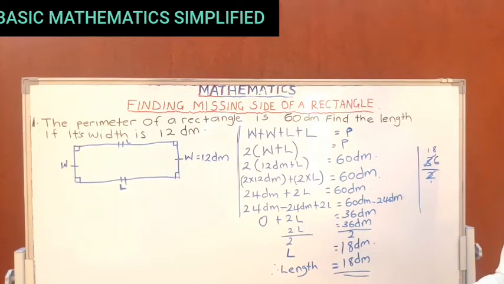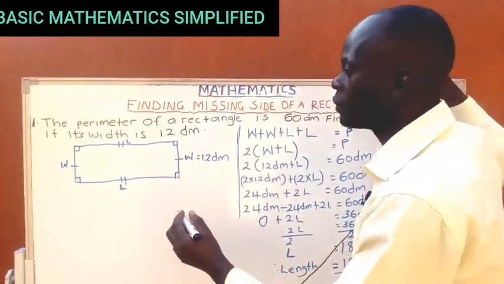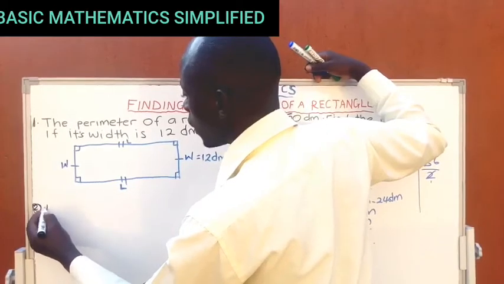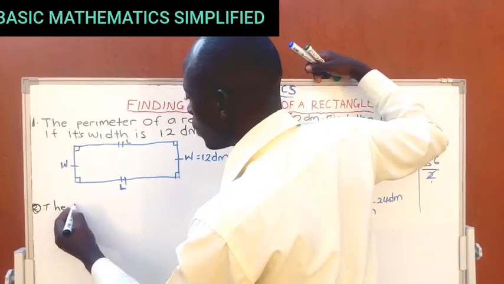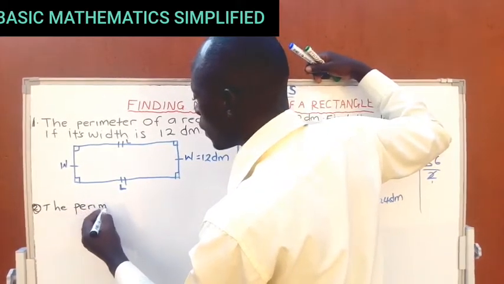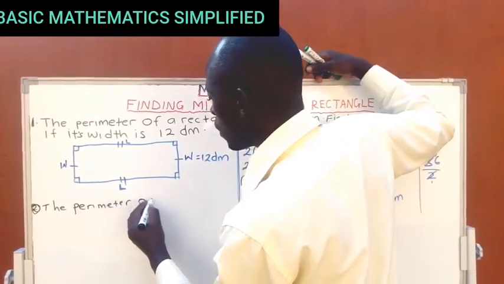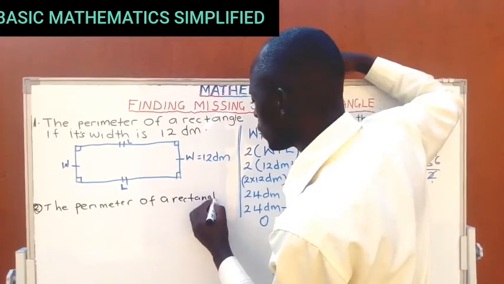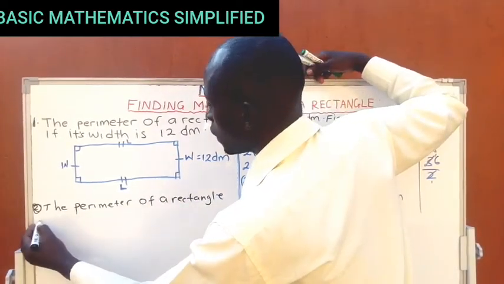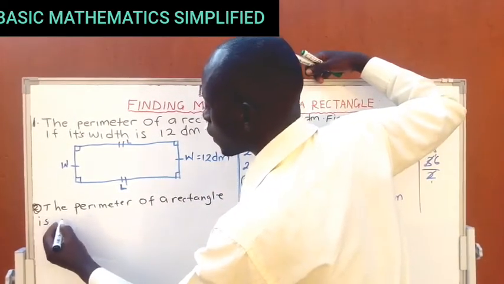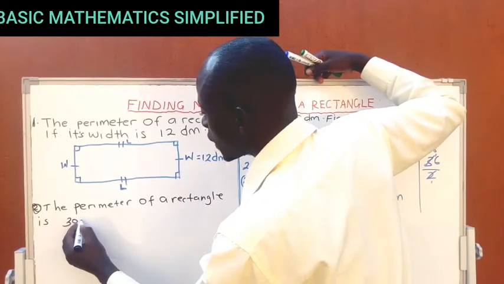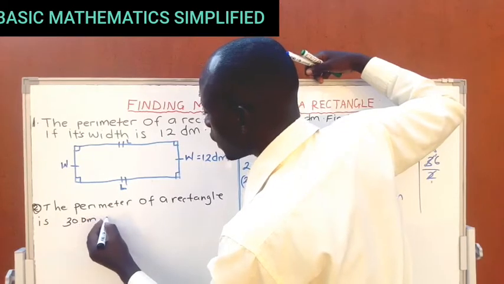So I want you to work out this exercise. This is a very simple number. This one will be your exercise. The perimeter of a rectangle is 30 decameters.